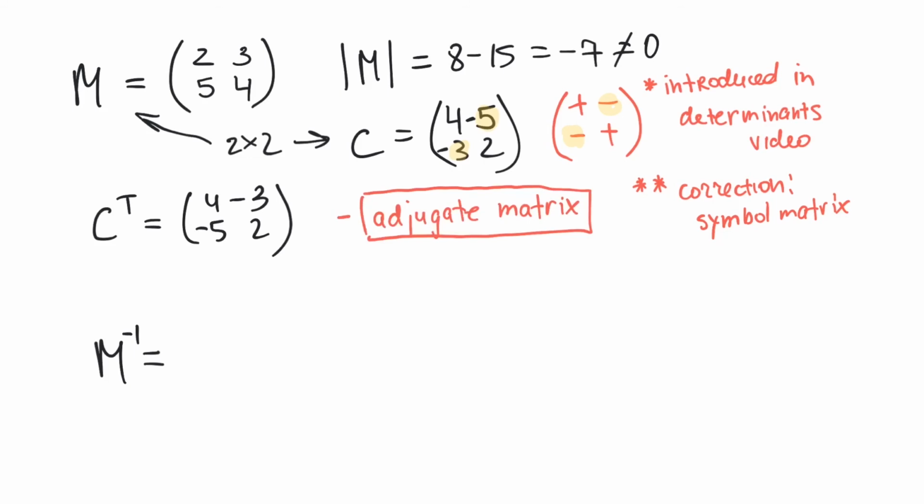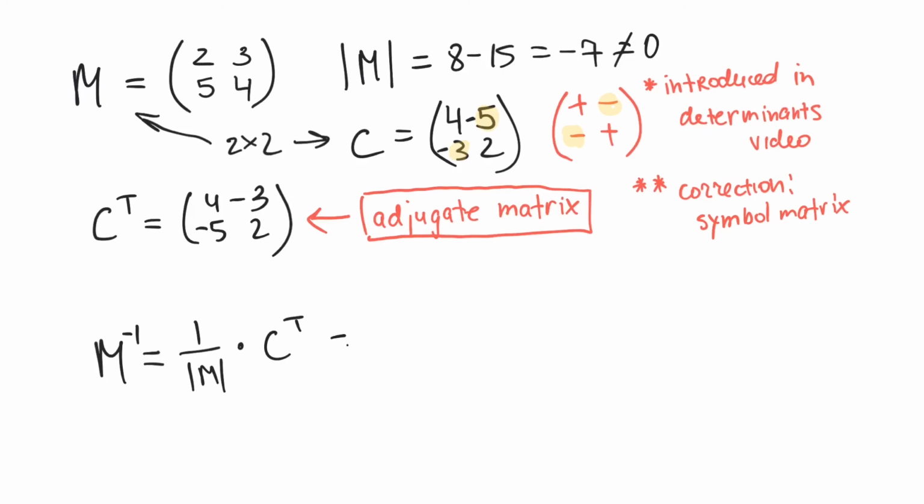The last step is multiplying the inverse of the determinant. So in this case, it's going to be 1 over -7 times the adjugate matrix that we just found.